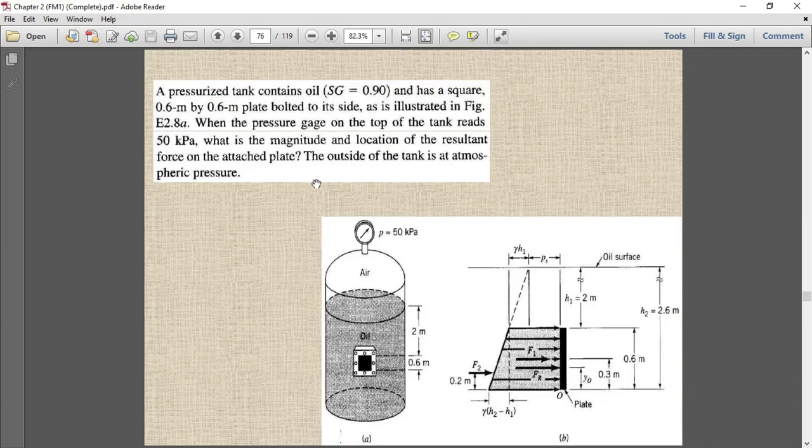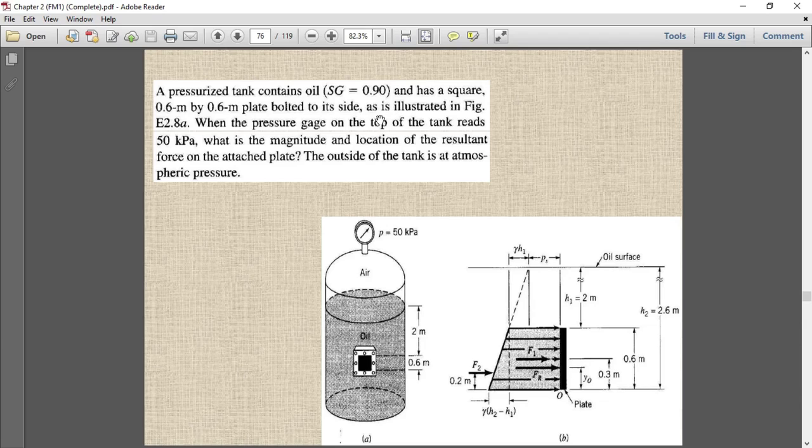Let's say a pressurized oil tank, the specific gravity is given, has a square 0.6 meter by 6 meter plate bolted to its side. This is a 0.6 meter by 6 meter bolted plate, and this plate is openable; it is not part of the continuous part of the tank.